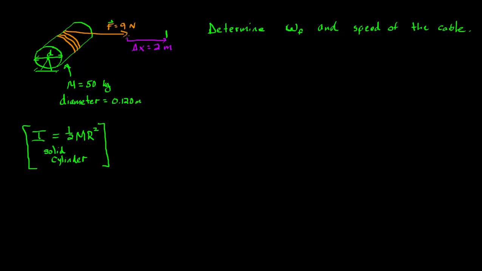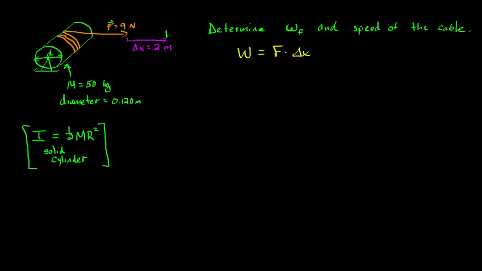Basically we have a force and we have a distance, and so that lets us know that there's some work being done. The work would be the force times the distance, because we're assuming it's a constant force over that distance.